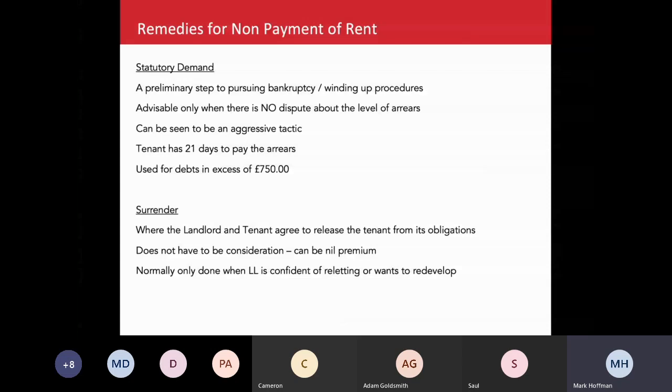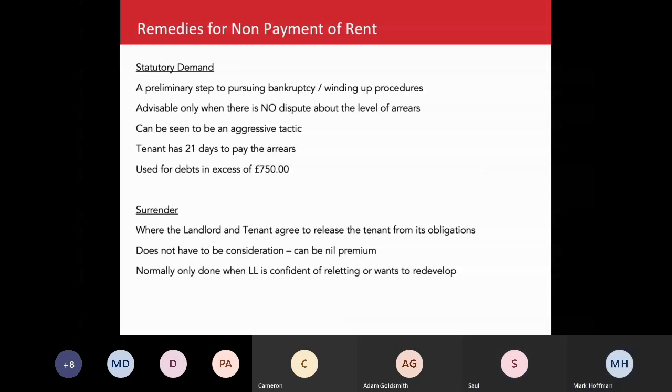So the surrender is a mutual agreement between the parties, effectively, as we said there, to release the tenant from his obligations. So the tenant goes to the landlord and says, for whatever reason, I don't want to be here anymore. I want to hand back my lease.